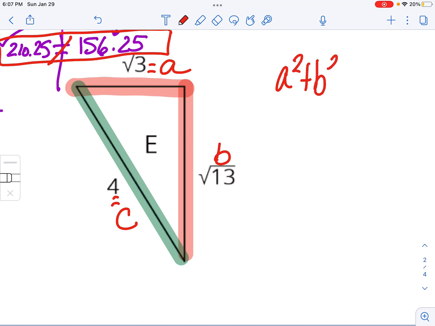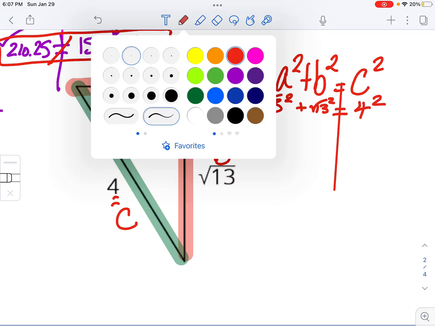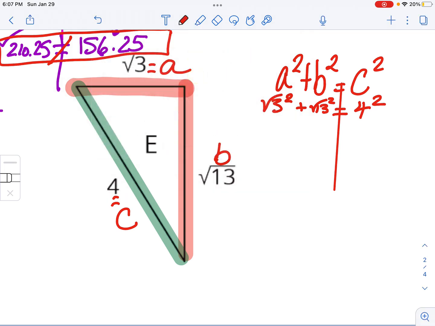So I'll go ahead and sub everything in. My A is the square root of 3, so now I square that. My B is the square root of 13, and I have to square that. And then equals C squared, which is 4, so I write 4 squared. Now when I cancel, that's because I see square root being squared, so they cancel each other out, and you're left with just 3.